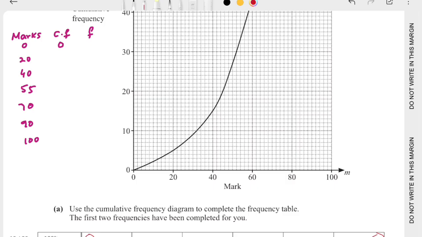Now against 20, we have to see from the graph. So it is 1, 2, 3, 4 and 5. Students, we also have to see the scale along the x-axis and along the y-axis.